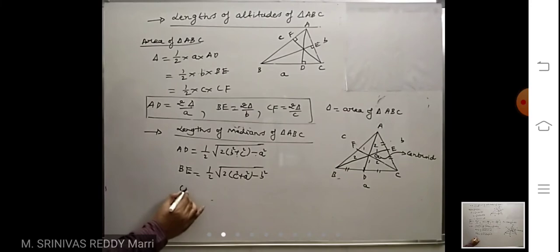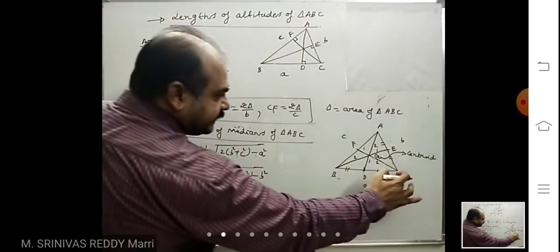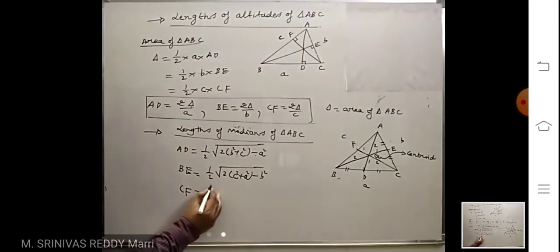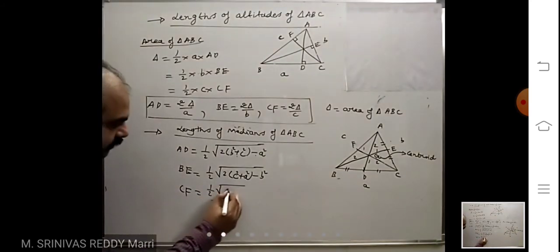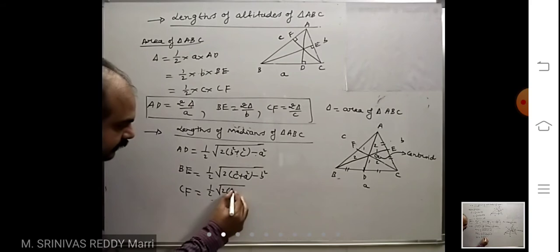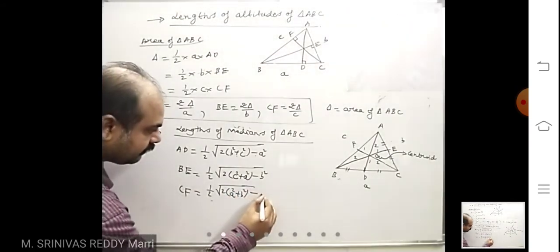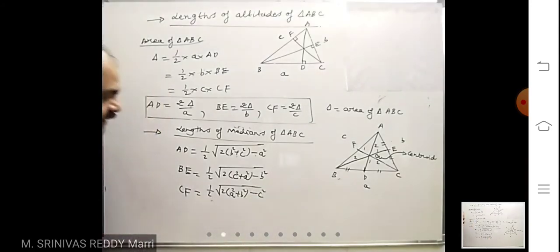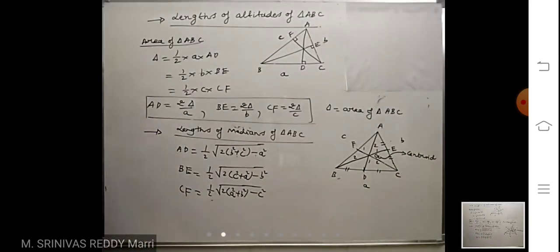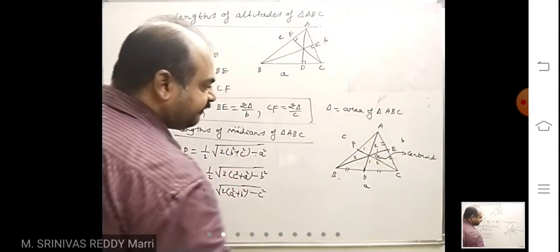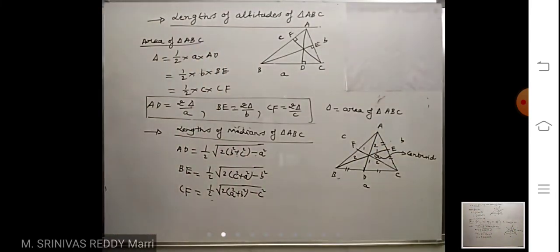Similarly, for CF, passing through C, what are the sides? B and A. That means half into root of 2 into (A square plus B square minus C square). These are the lengths of medians. Here AD is a median, BE is a median, CF is a median.